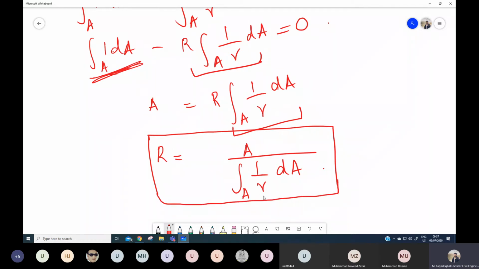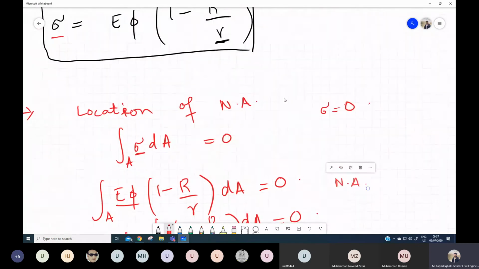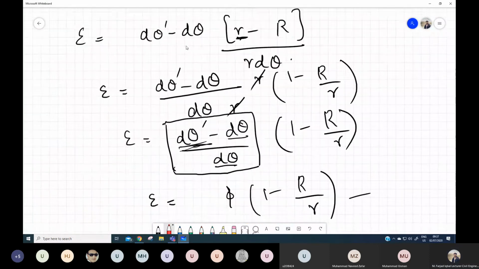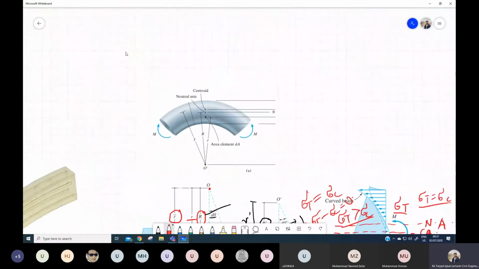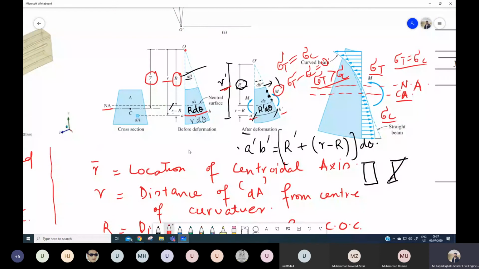Now, this term over here at the bottom represents the integral of 1 over R, which is a factor. So that bottom term represents the integral of 1 over R with respect to the total area.